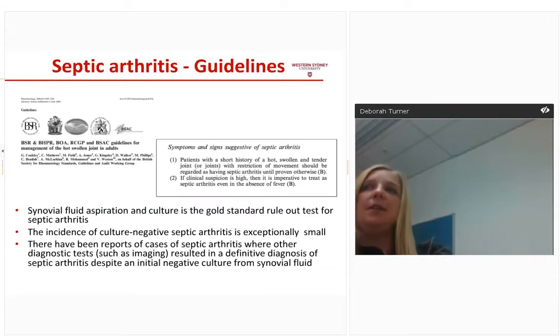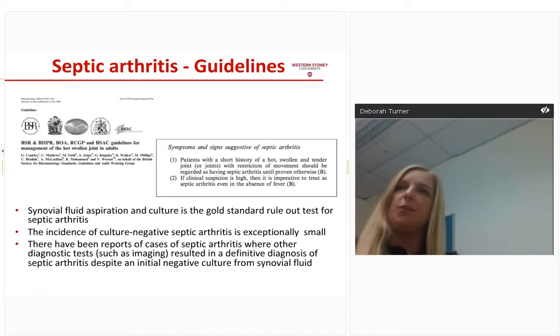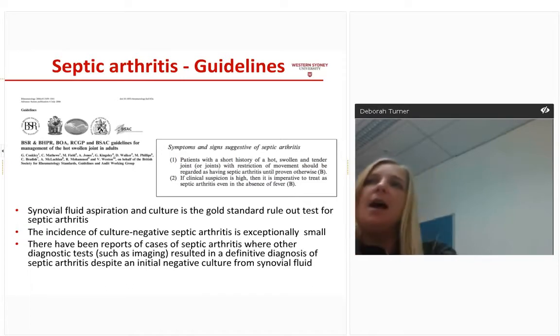When we look at the clinical guidelines, it really is along the lines of septic until proven otherwise, and the only way you can get your definitive diagnosis is through synovial fluid aspiration and subsequent culture.